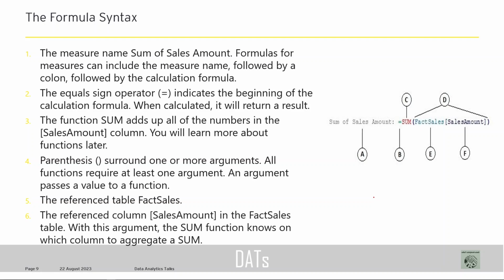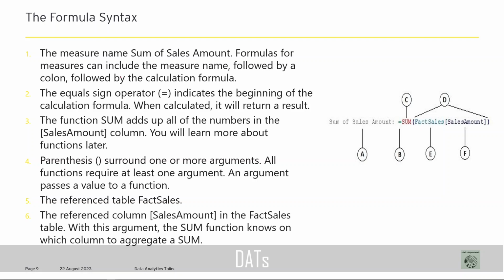Before we close this session, I would like to call your attention to the formula syntax which you are going to use. We have a simple formula: Sum of Sales Amount equals the sum of the Fact Sales Amount column. This is marked by A, B, C, D, E, F, and we will see each one by one.